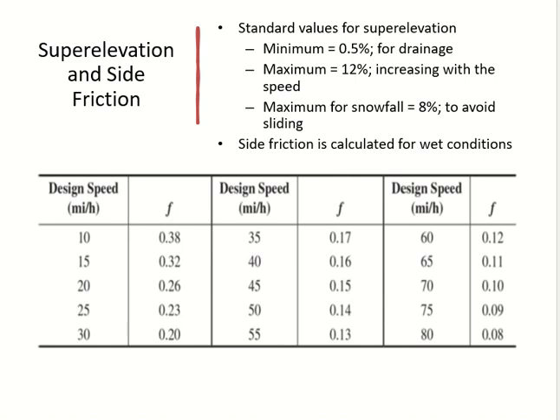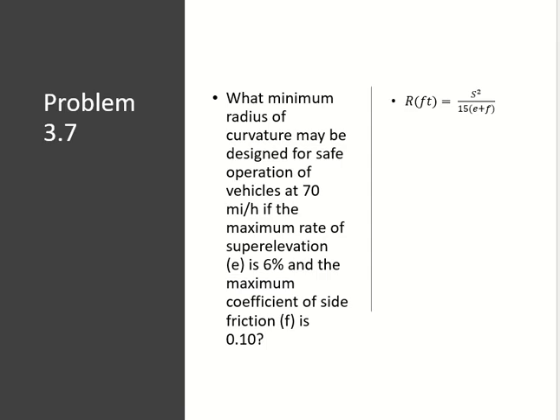Speed is already increasing. I have to balance it now, so we have to increase super elevation. This is how these two factors can be used. At high speed, obviously I cannot control side friction. This is something which happens naturally between the tire and the road. But super elevation is part of the design. I can control it in addition to radius as well.